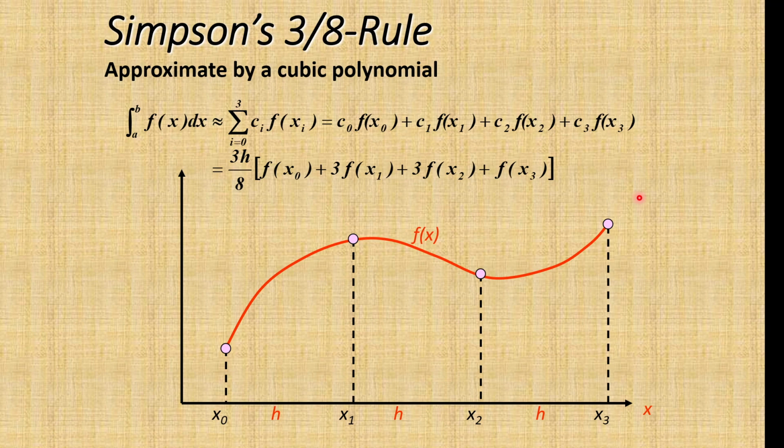That's why it is called Simpson 3/8. So 3/8 h times f(x0) plus 3 times f(x1). So you have Simpson 3/8, 3 segments, 4 points: x0, x1, x2, x3.